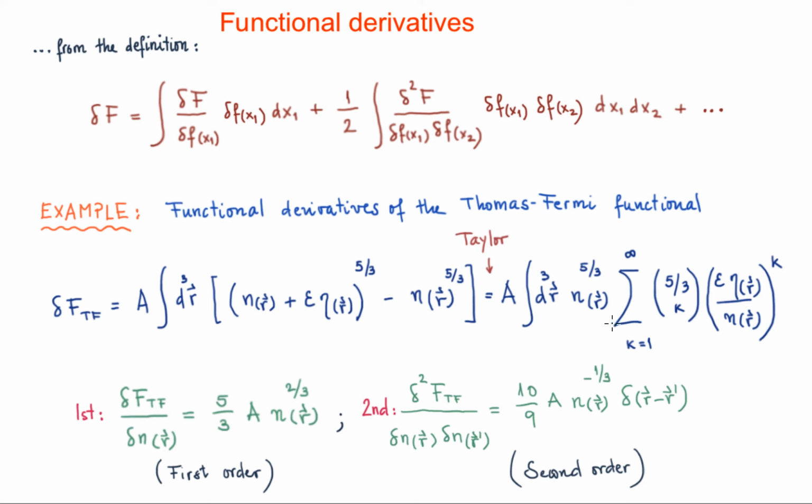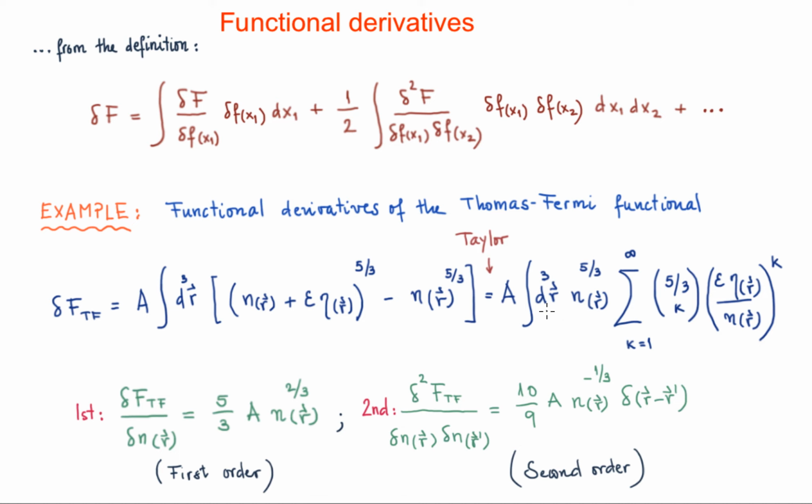Considering that Taylor expansion, you go order by order. For the linear term, you consider the definition of the first order functional derivative, and from that definition you can extract that the first order functional derivative is given by this term here. Again, you go to second order in this Taylor expansion, you consider the definition of the second order functional derivative, and you can easily extract that the second order functional derivative of F with respect to the density is given by this term here.